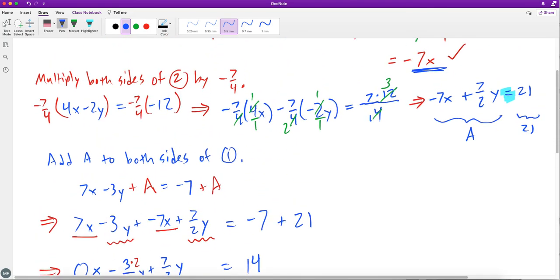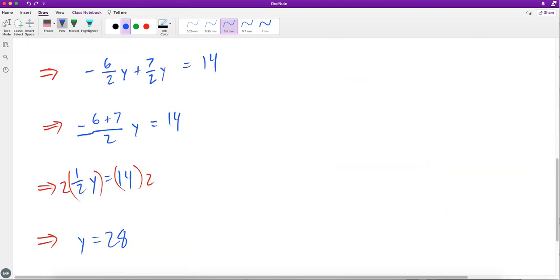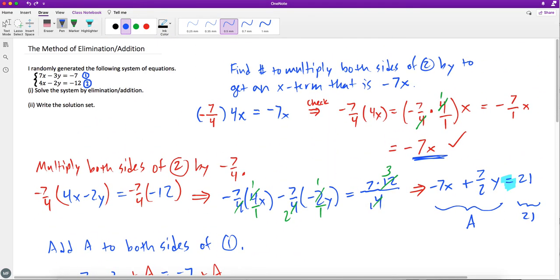I need to know what x is. We can just pick any equation that includes the alternate version of equation 2 that we got over here. Okay, I'm not going to use that one. There's no reason to use that one over any other one. I'm just going to use equation 1.